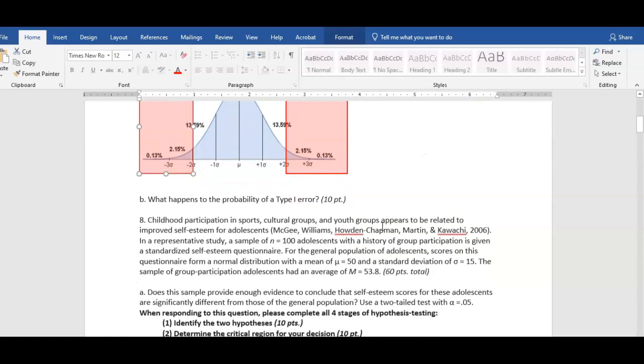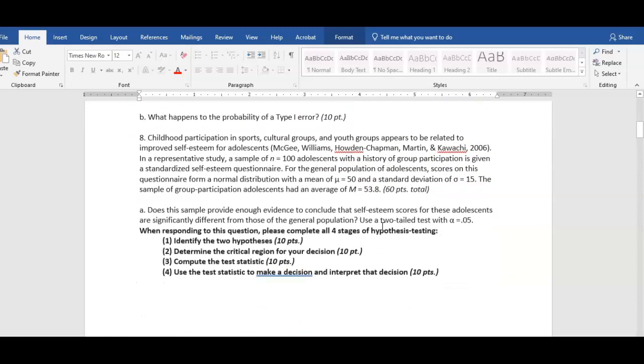How about problem 8? Problem 8 asks about testing a hypothesis. It's giving us this hypothesis about childhood participation in sports. It's telling us that a representative sample of 100 adolescents who have a history of group participation has been drawn, and they take this self-esteem questionnaire.